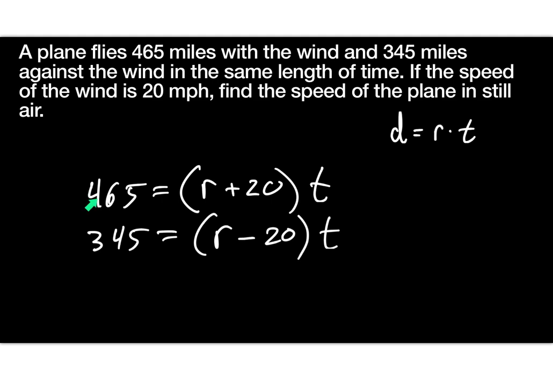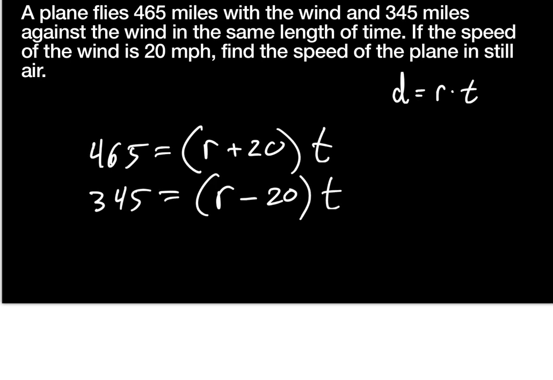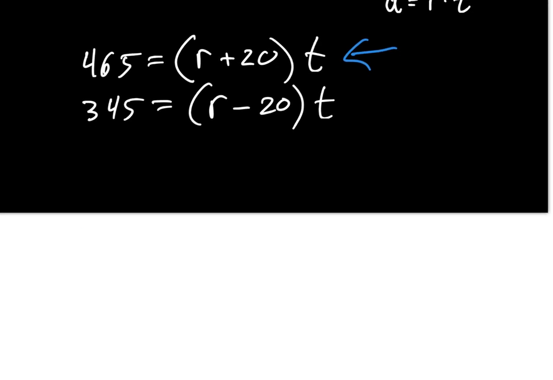So if I look at this first equation, I'm going to solve it for t. I'll just go ahead and rewrite it down here below, because we don't need that other information right now. 465 equals r plus 20 times t.